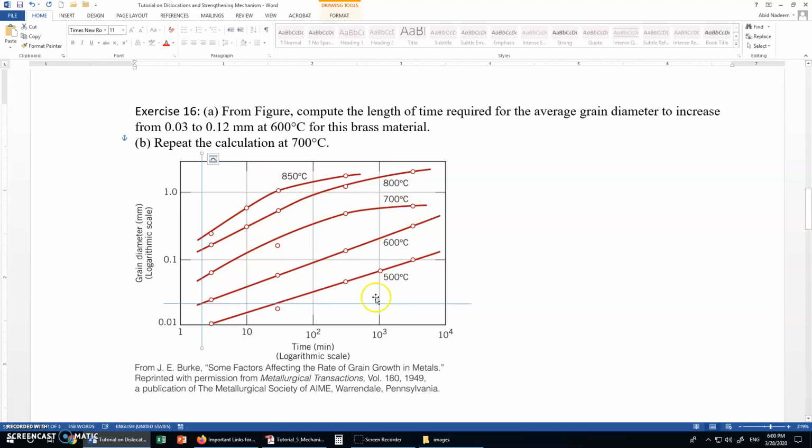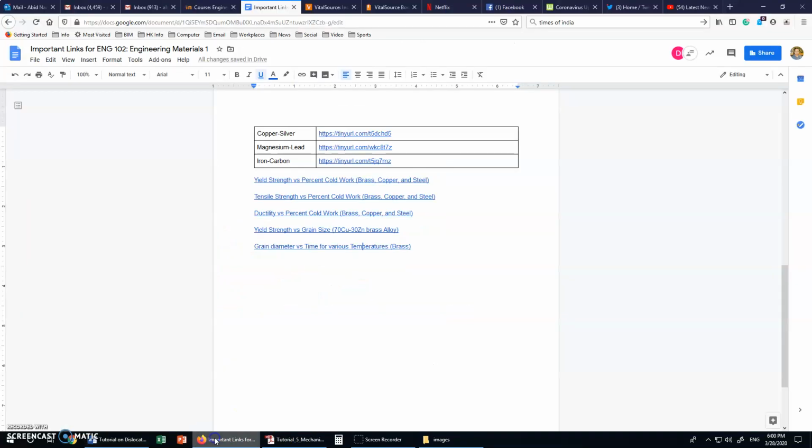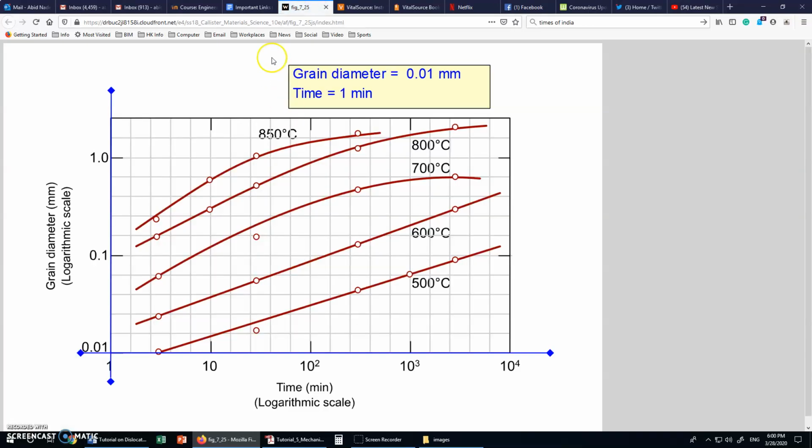If you do this manually you can read these values, but we have the interactive graph. I have placed the link of this in the shared file. So from this interactive graph I can move this horizontal line to 0.03 millimeter.